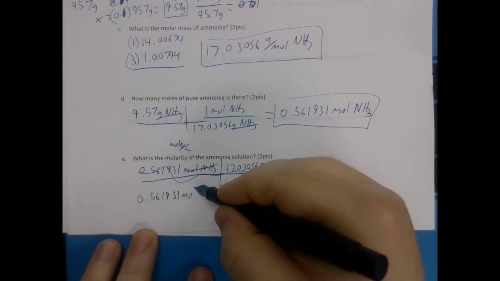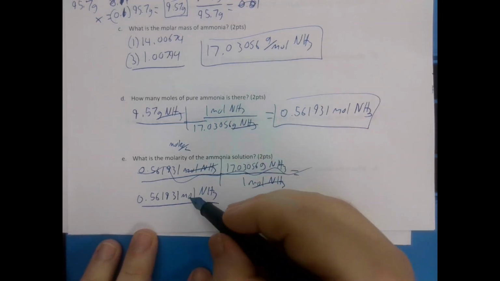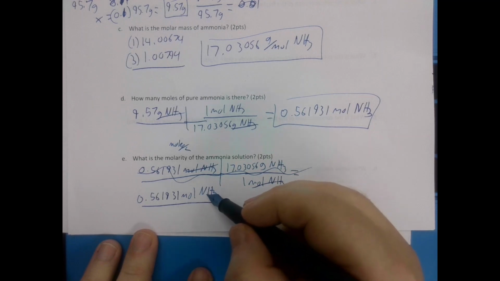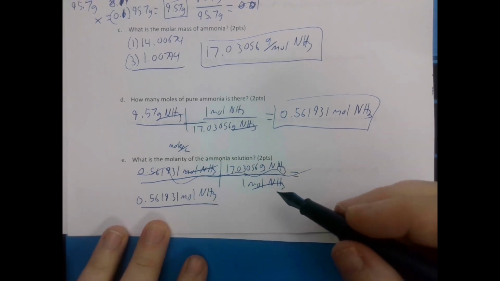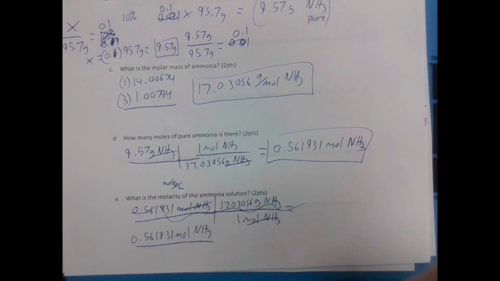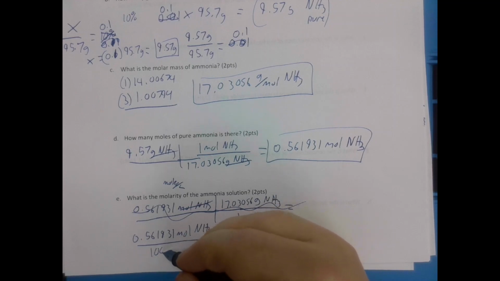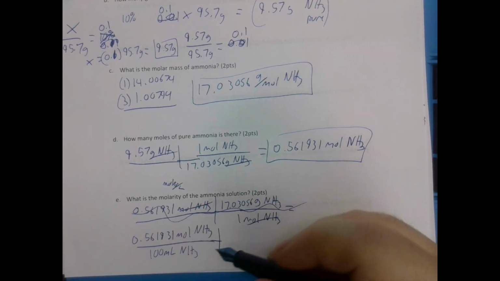We have 0.561931 mole of NH3. We're trying to get moles per liter, so we need to take our moles of NH3 and divide by our volume, the 100 milliliters we poured out. This is moles per volume, but molarity is specifically moles per liter.